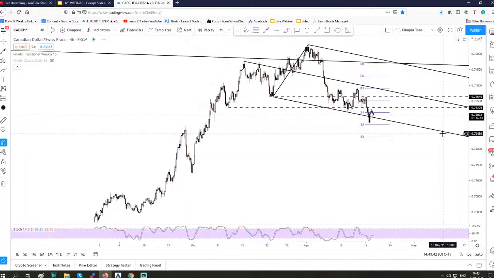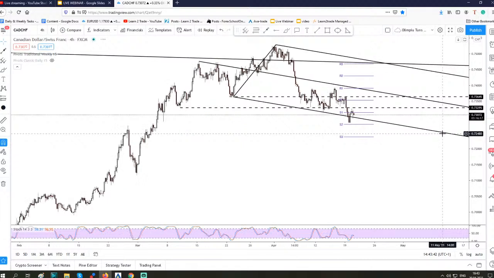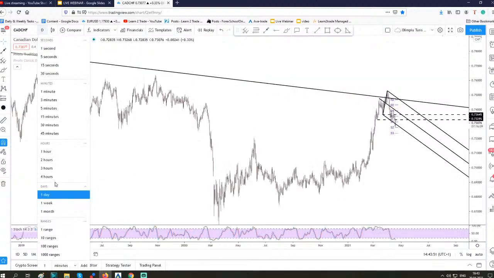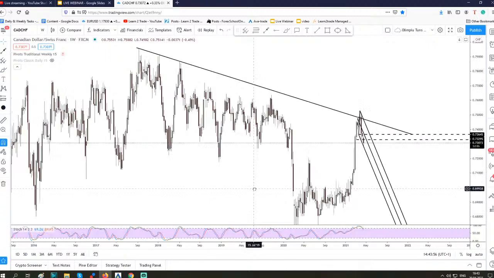So let's take a look here on the weekly, and as you can see here, the price has increased and has reached a major downtrend line.